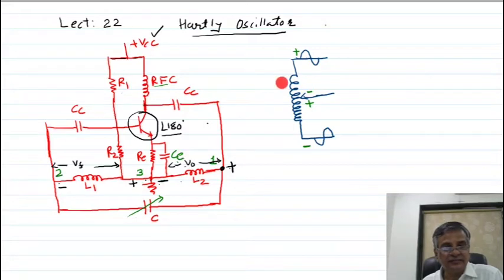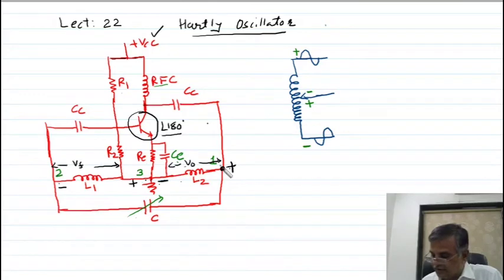It is the same. This is a ground potential. This is that terminal. When the upper terminal is positive with respect to the center tap, at the same time the lower terminal will be negative with respect to this. So you can say there is a 180 phase shift between these two signals.